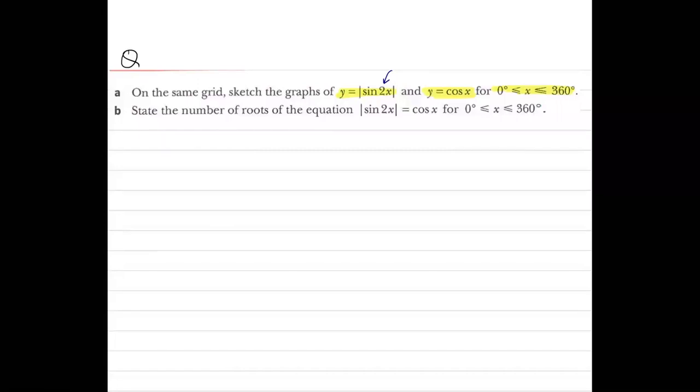Yes, I've drawn it. Okay, so you would have drawn first the sine 2x. Since it's sine 2x, the gap should be of 45 degrees.